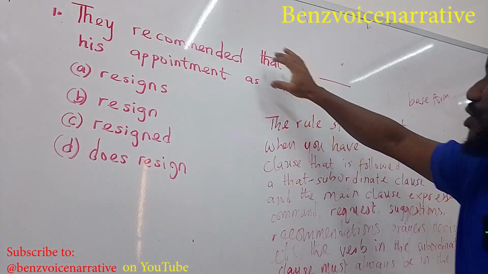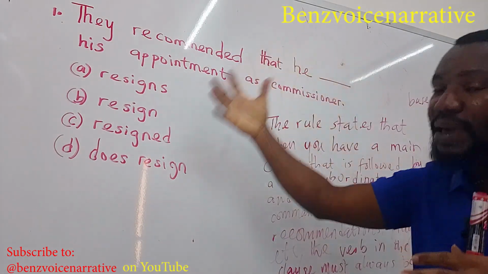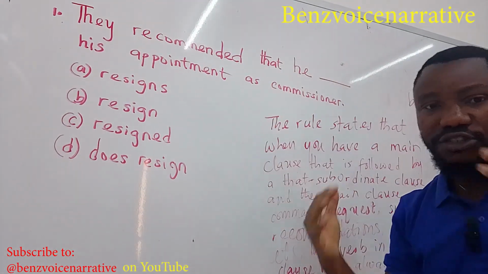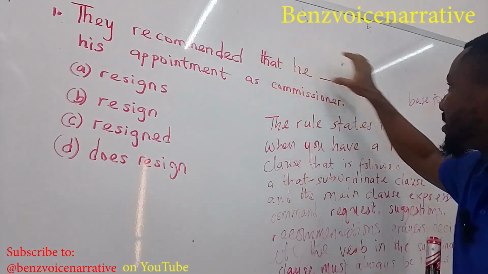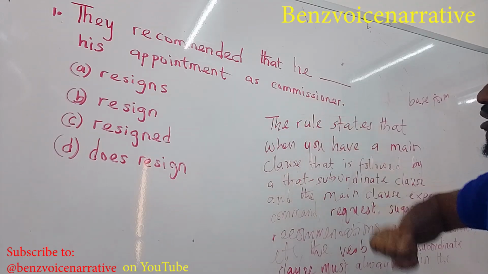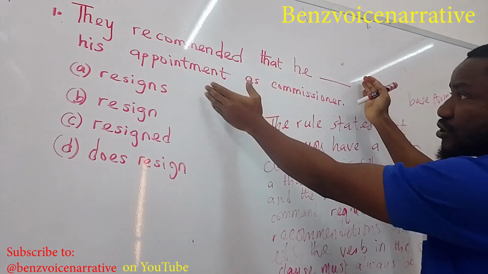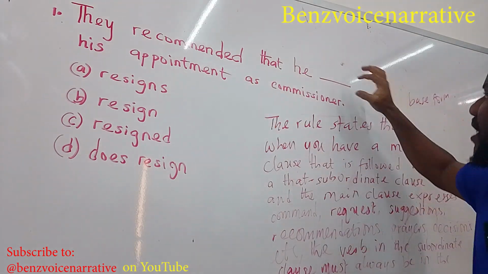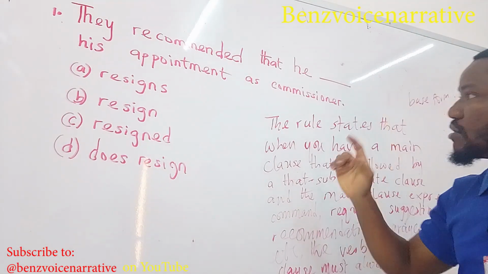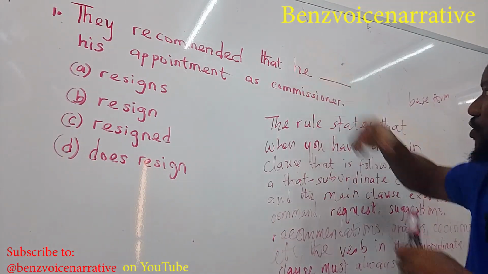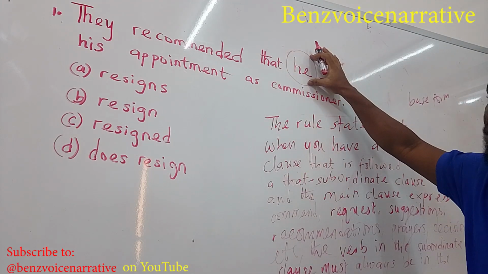The rule says that when you have this main clause, maybe the boys prayed, the committee recommended, the student decided, the congregation prayed, followed by the that subordinate clause, the verb will always be in the base form, regardless of whether the subject is plural or singular. We have a singular subject here, he.